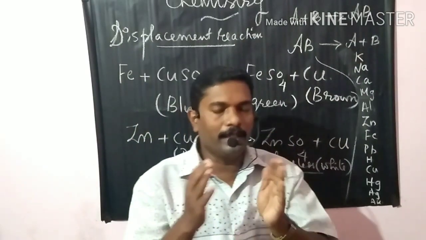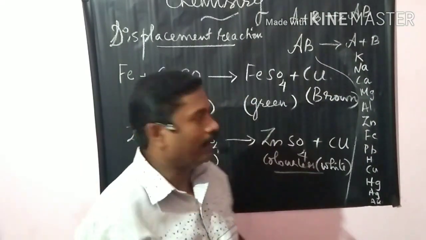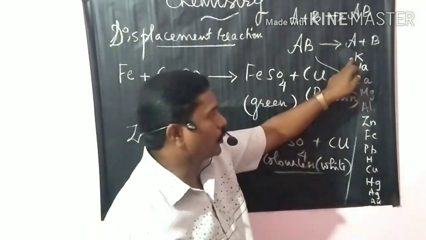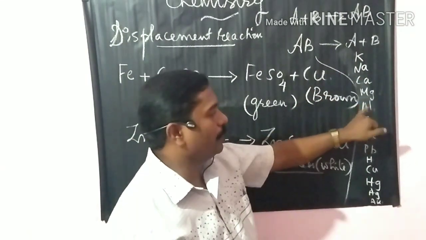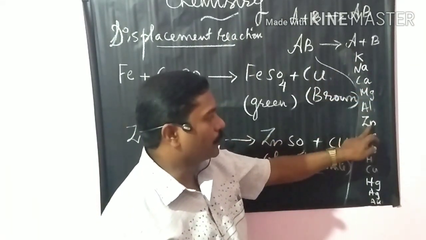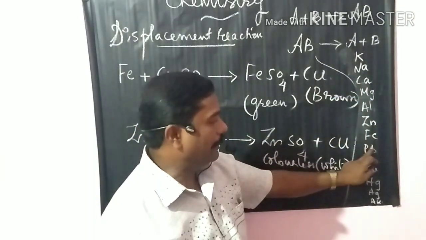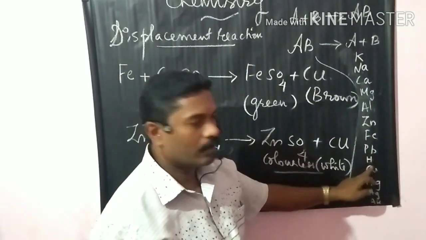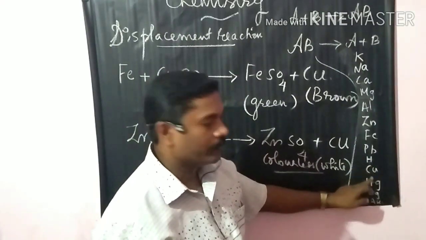Okay, so in order to study, let us make a code like POSOCA. Potassium, sodium, calcium, POSOCA. Magnesium, aluminium, zinc, Magelusi. Iron, lead, Ile. Hydrogen, copper, HyCO.